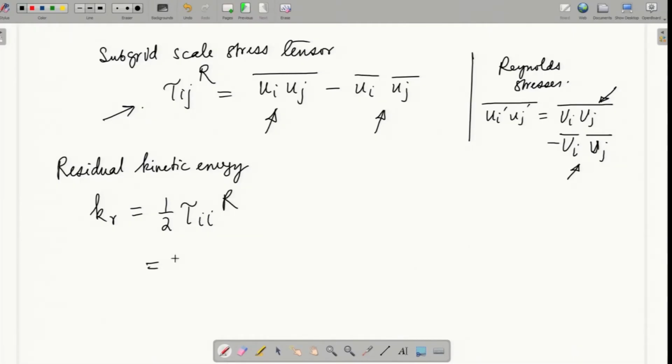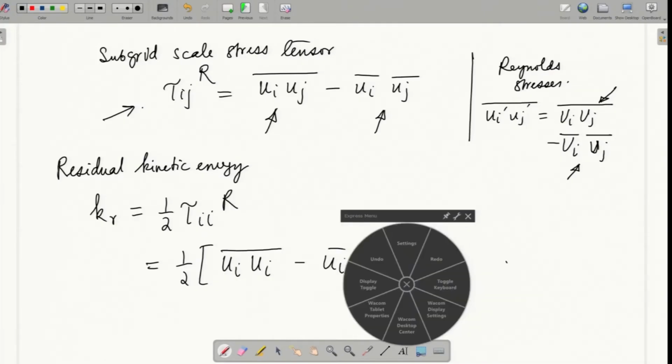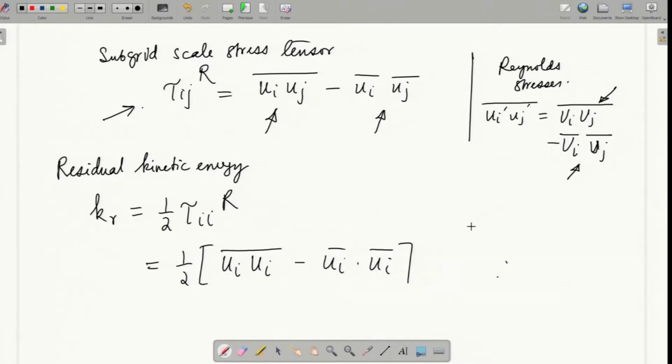So, this evidently is the KE contained by the entire flow, and this is the kinetic energy of the resolved flow.